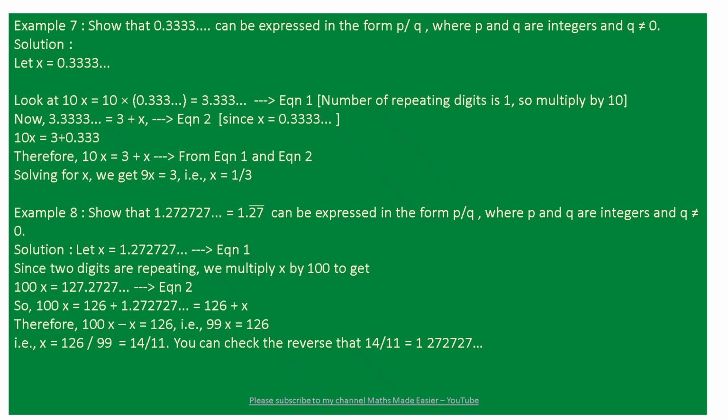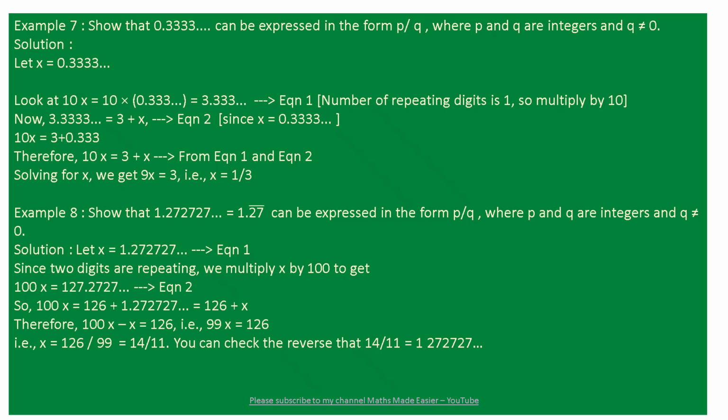Now, since there are two digits that are repeating, we multiply both sides of equation 1 by 100, which gives rise to 100x equal to 127.2727 and goes on. This we consider as equation 2. This 127.2727 we need to represent in terms of x. x is what? It is 1.2727.